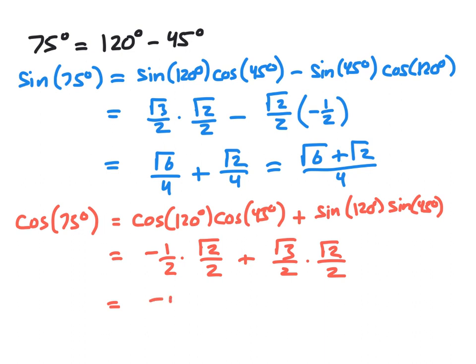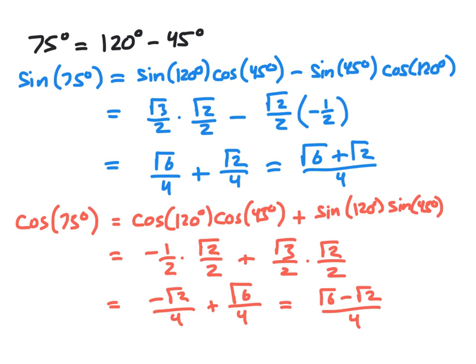And so we end up with negative square root 2 over 4 plus square root 6 over 4. And when we combine these into a single value, we get square root of 6 minus the square root of 2 over 4. And again, this agrees with our cosine of 75 degrees that we found earlier, just finding it using this different decomposition that 75 degrees is 120 minus 45.